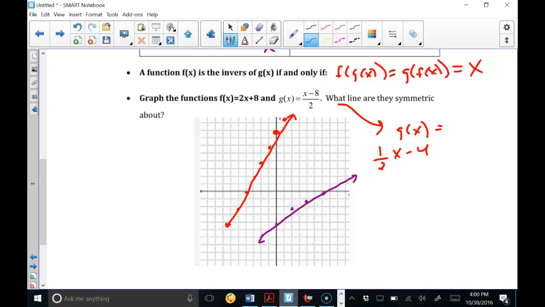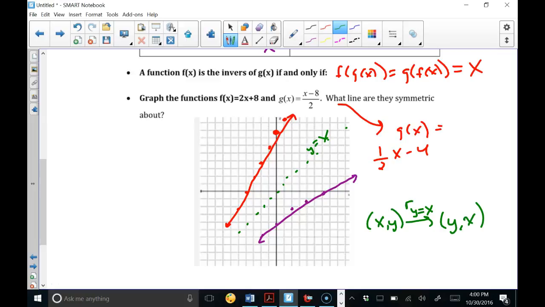And this is what's true. If you are representing two functions that are inverses, they should be symmetric about the line y equals x, which makes sense. Think about geometry when you did reflection over the line y equals x. The rule was to switch x and y.